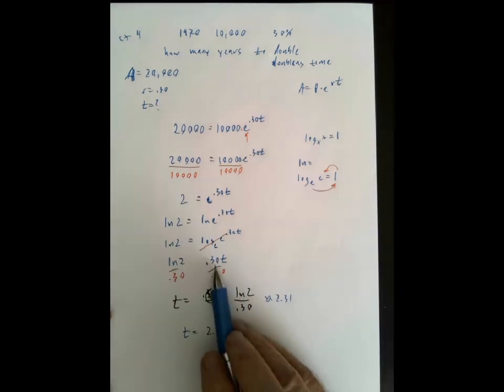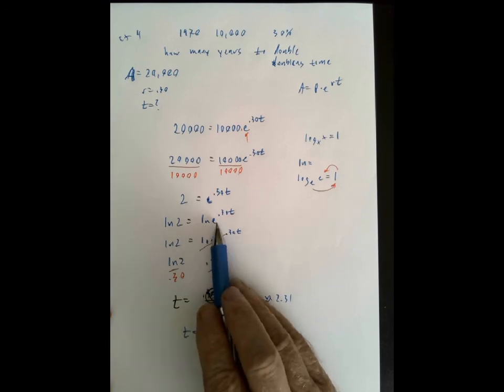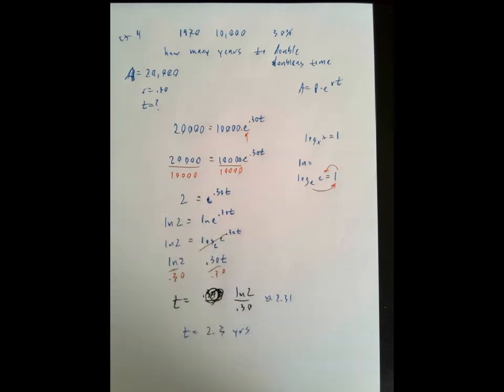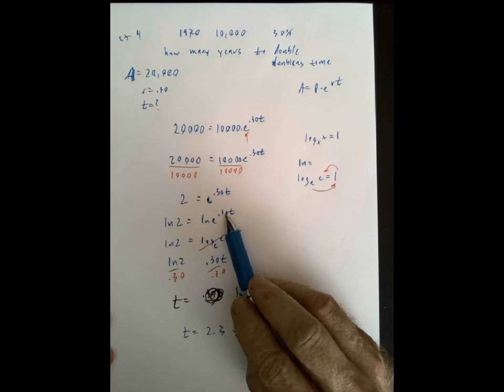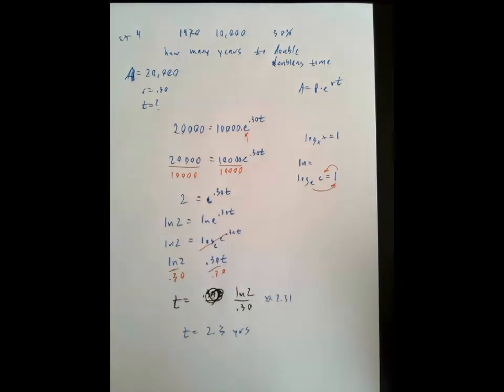This canceling thing only happens when we're doing ln and e. Usually the common log will not cancel out whatever exponential base you have, because the exponential base has to be the same as the log base in order for it to directly cancel. Okay? All right. So that's a nice shortcut we get with these continuous growth problems.